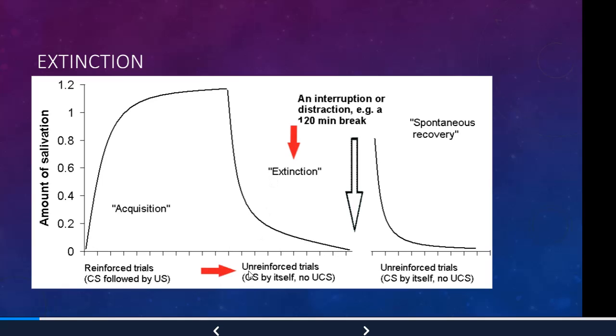Well, you just present the CS by itself with no unconditioned stimulus, and eventually it will diminish. This is actually used in cognitive behavioral treatment for phobias. They can gradually expose the person to whatever the fearful stimulus is to eventually reduce or extinguish that response.